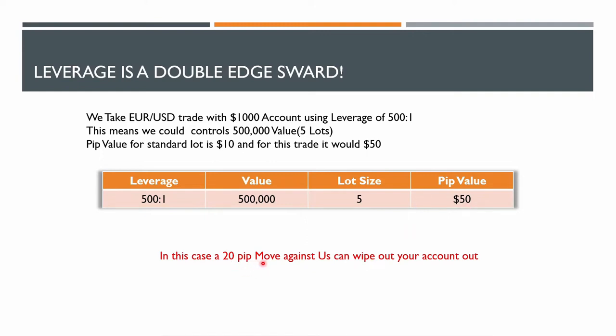Even though our broker is giving us 500,000 as leverage, they're not going to let us dig into their money when our trade is losing money. So the margin call will kick in at that time. So let's take a look at a good use of leverage in our next slide.